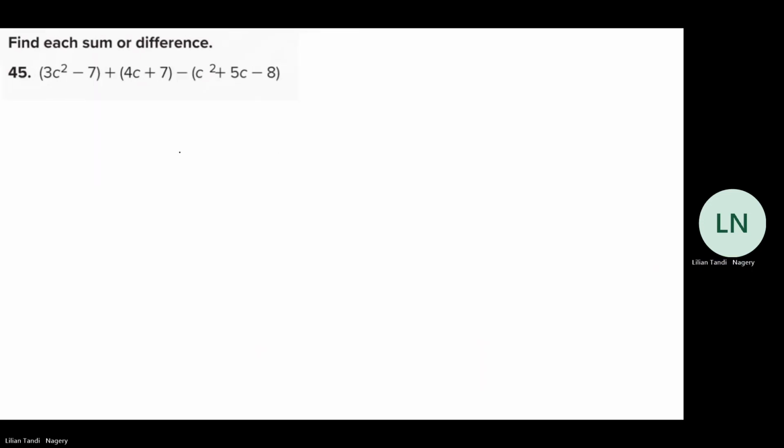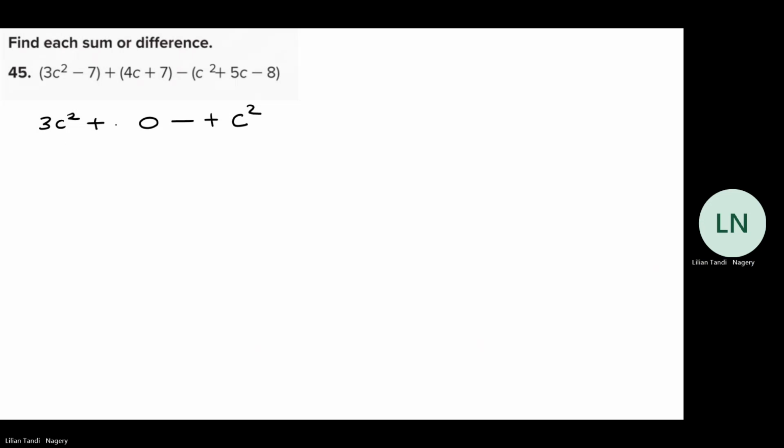Okay? So we will do the c squareds first. 3c squared plus positive 0, because there is no c squared here. So plus 0 minus positive c squared.